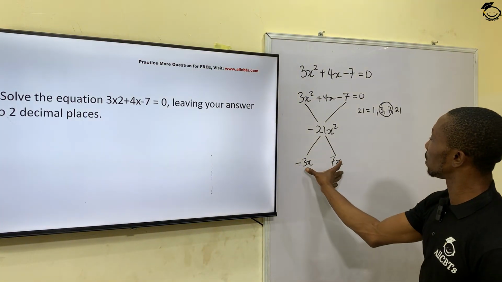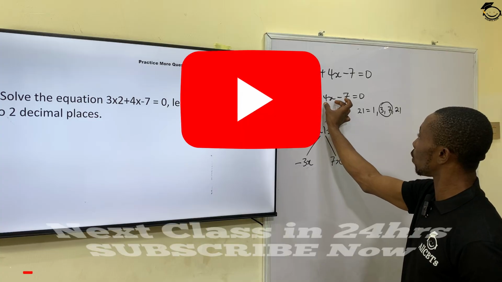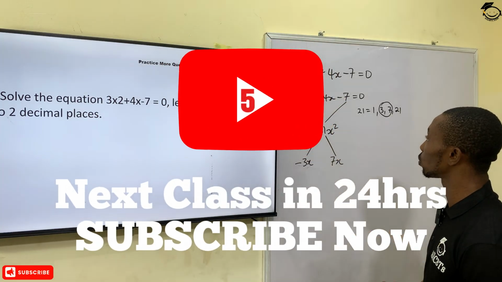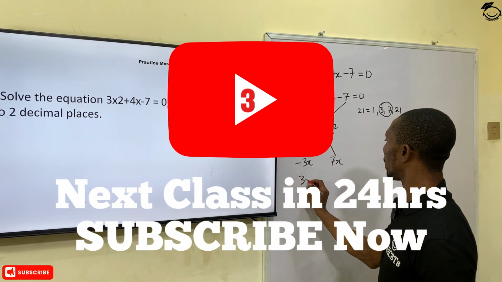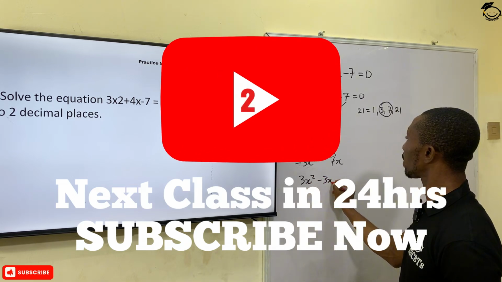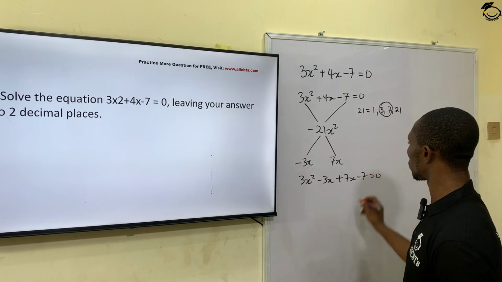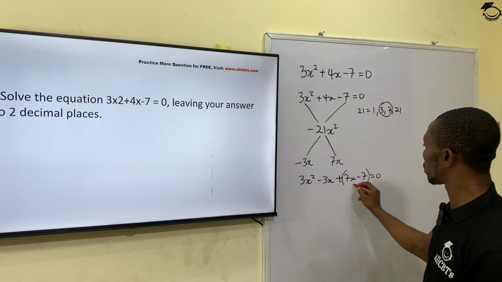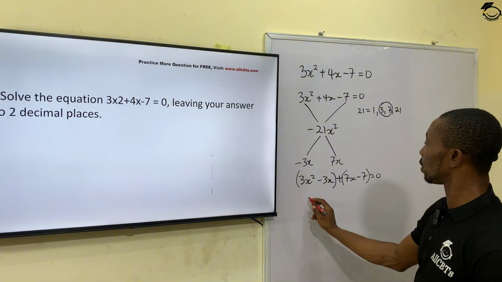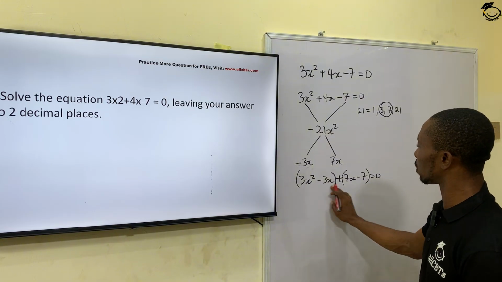Now, replacing 4x with these factors, we have 3x squared minus 3x plus 7x minus 7 equals 0. Now we group these two terms together and factorize. What's common here?